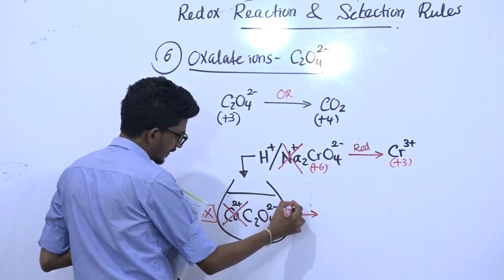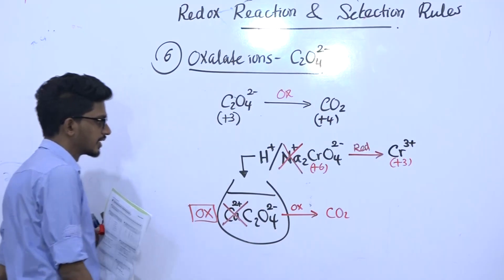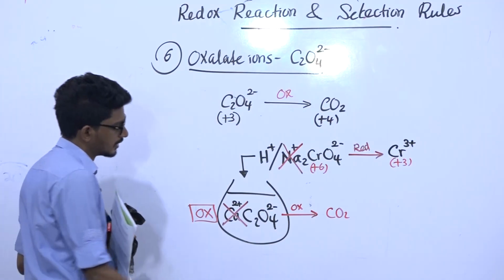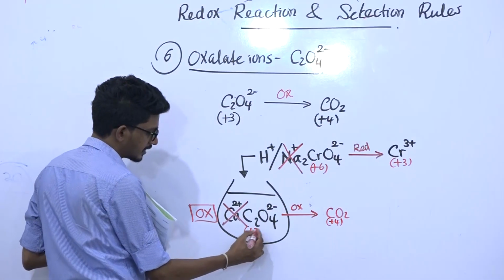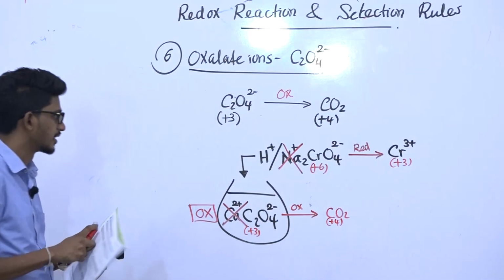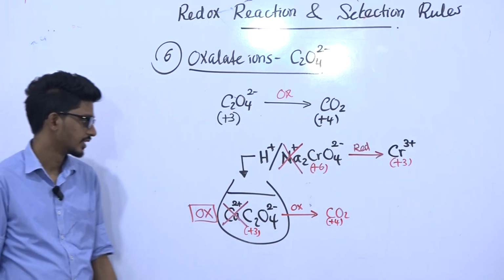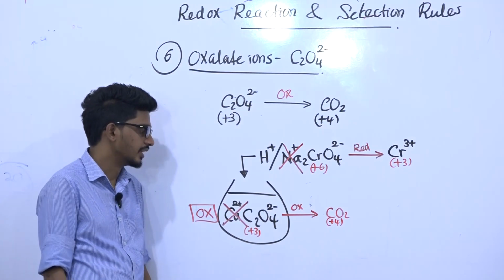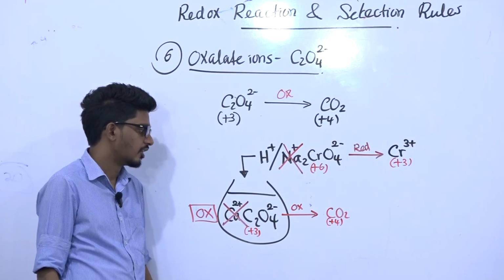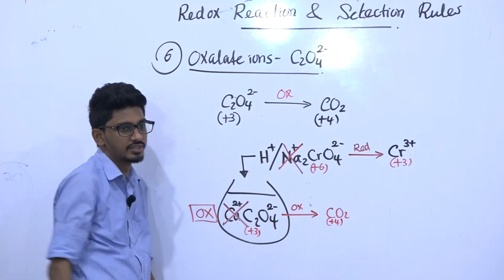Oxalate always prefers the CO2 form, right? So that's it, that is an example for this change. In redox calculations, if oxalate ion is involved in a process, definitely that guy will oxidize to CO2 if an oxidizing agent is added. This reduction here means this is the oxidizing agent, right?